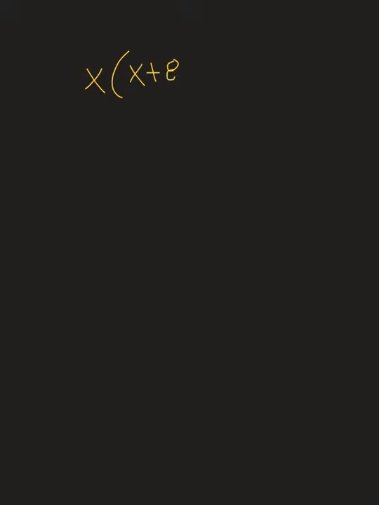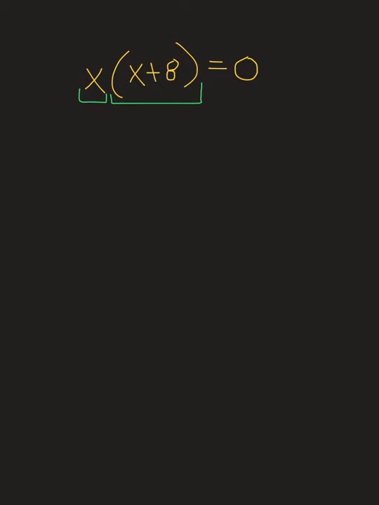What if we have this scenario happening? If you read the question of the day, what I focused on was when I multiply two numbers together, and one of those numbers is 0, the entire equation is going to be 0. In this situation, I'm multiplying x times whatever x plus 8 is.